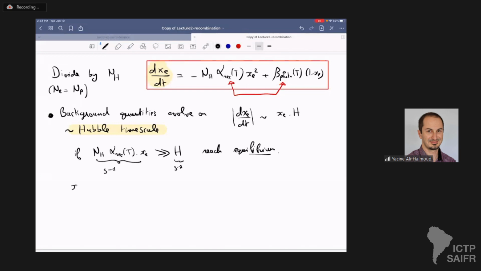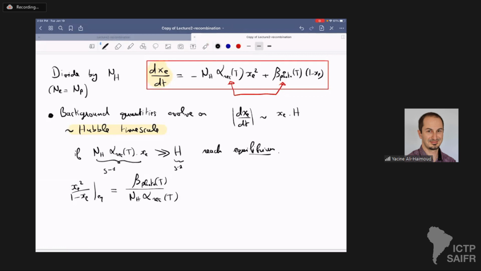What is this equilibrium? It is obtained by setting the right-hand side of this equation to 0. So I can neglect this left-hand side relative to that first term here. So if I set this to 0, I will get the equilibrium being this photoionization rate divided by NH times the recombination coefficient.